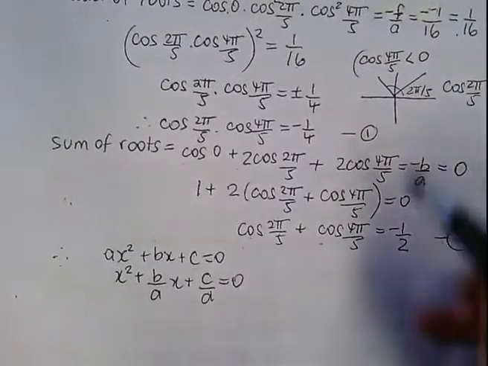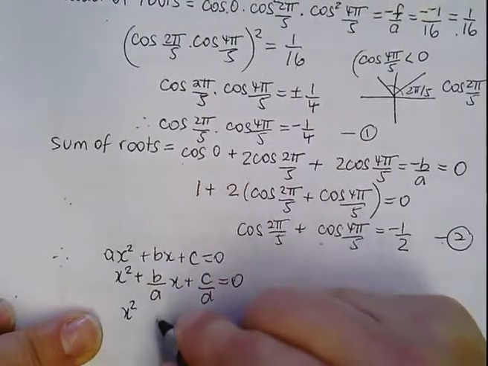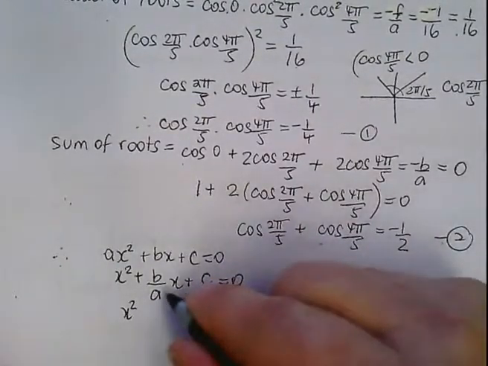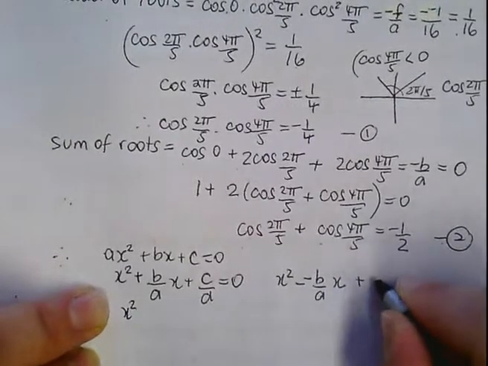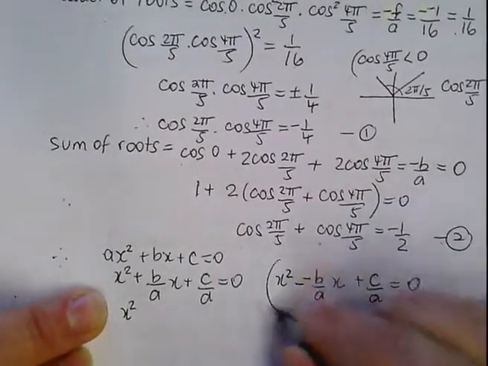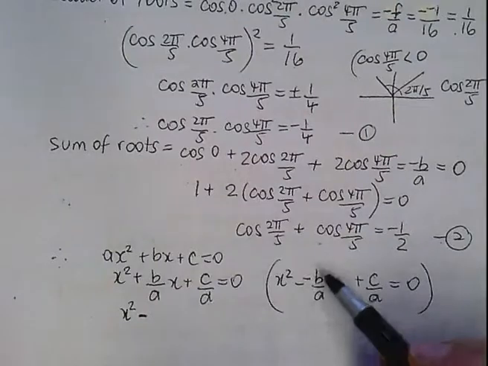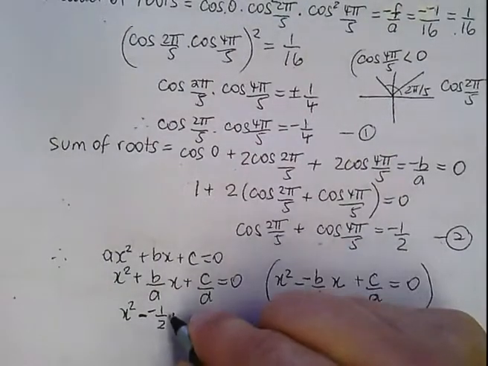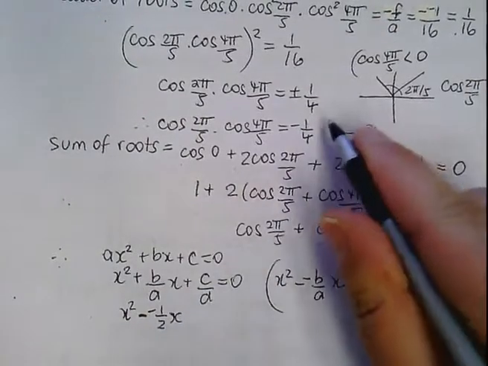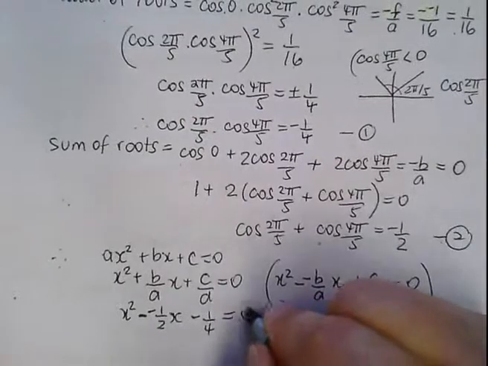And remember that negative b on a is the sum of roots, so this will be x squared minus negative b on a x plus c on a equals 0. So we've got x squared minus, negative b on a is negative a half, x plus c on a is our product of roots, which is minus a quarter, equals 0.